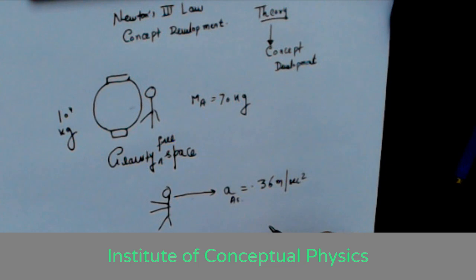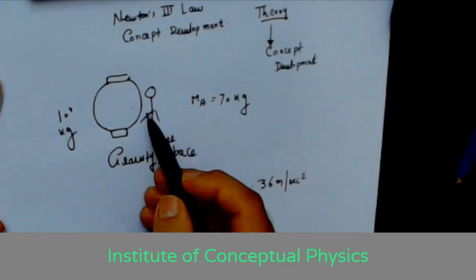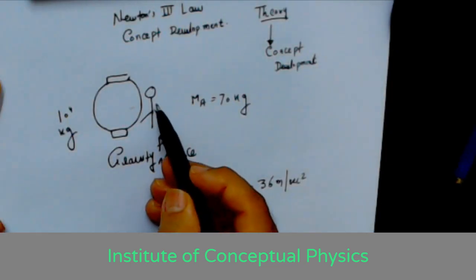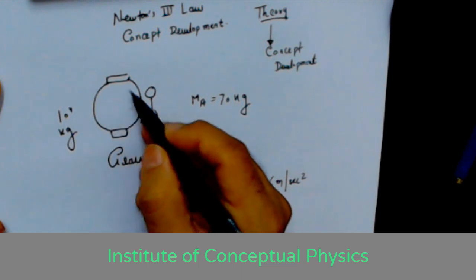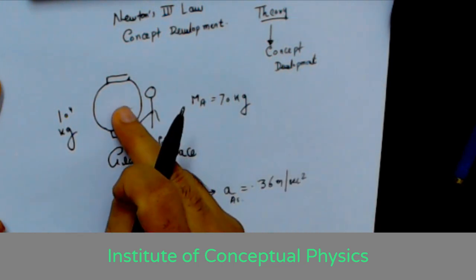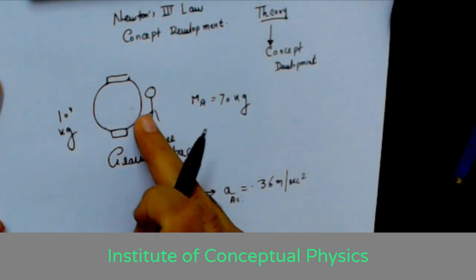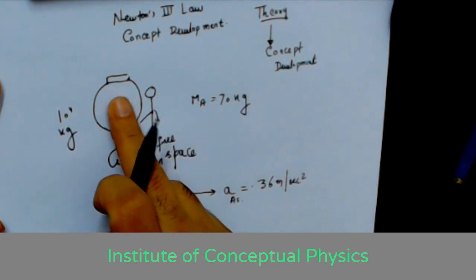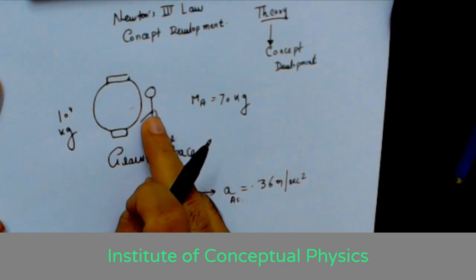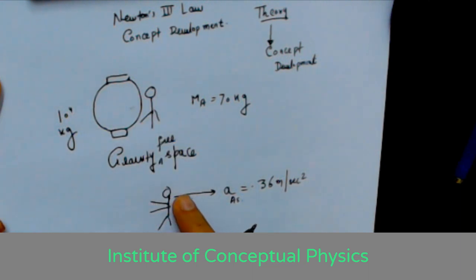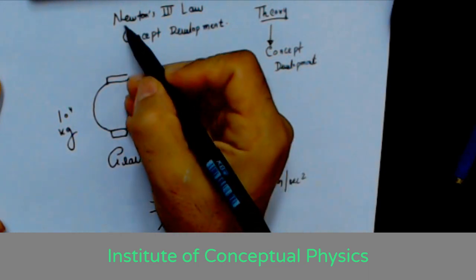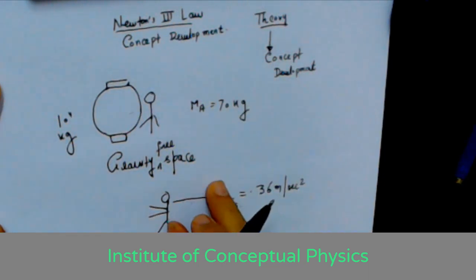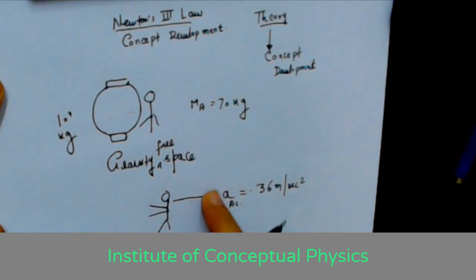Now the question is, when the astronaut pushed the space module, he got a reaction back. So the action was on the spaceship and the reaction was on the astronaut. Now we know that Newton's third law states that action and reaction occur as a pair.